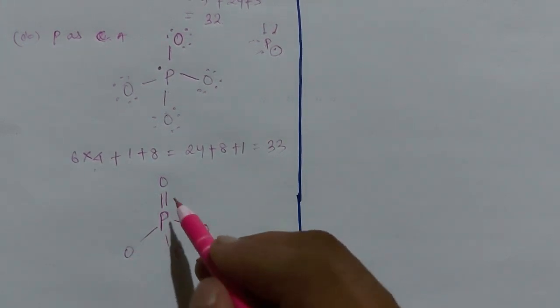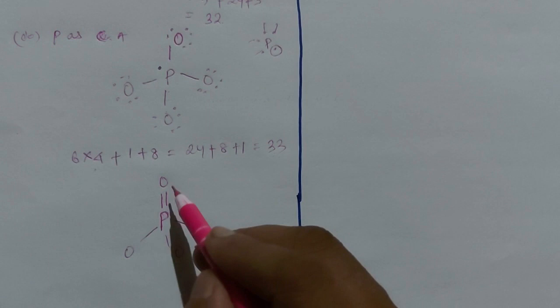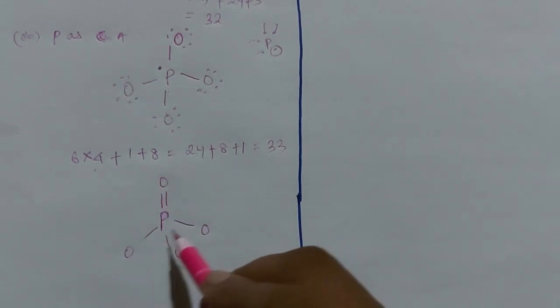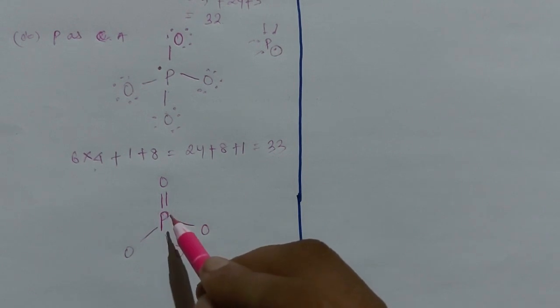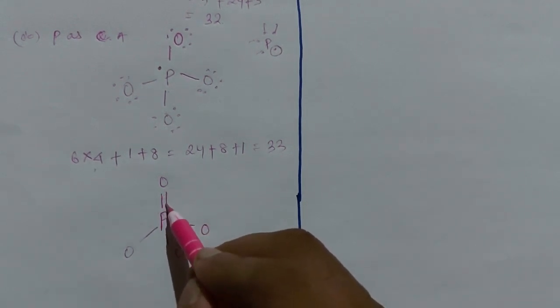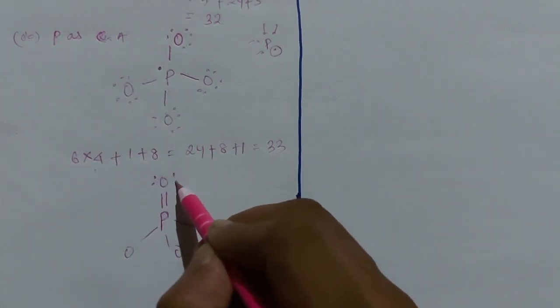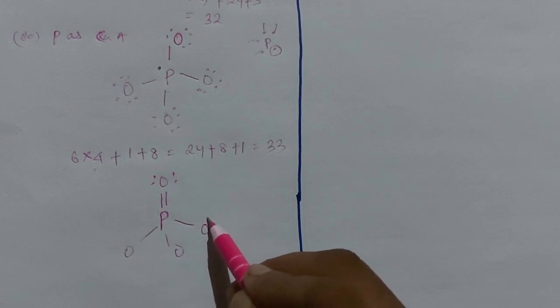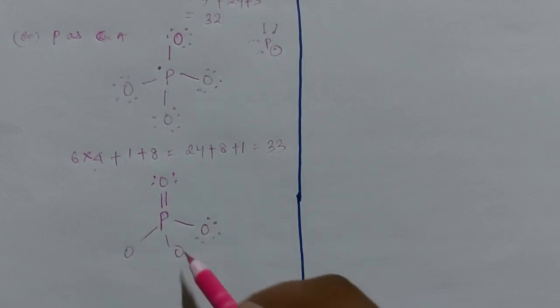Now we will arrange the electrons so that all the atoms, the 4 oxygens and phosphorus, get octet configuration. Here oxygen has 4 electrons, so it needs another 4 for octet. Here 2 electrons are already there, so it will need 6 electrons, like this.